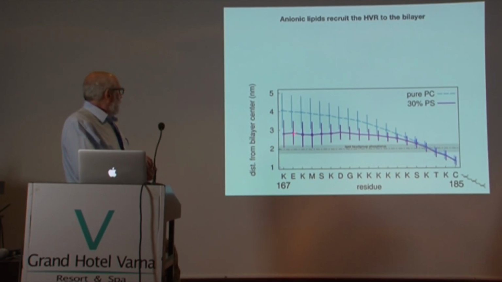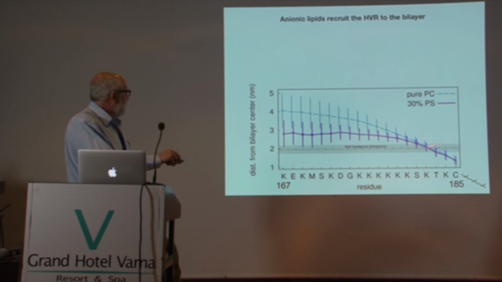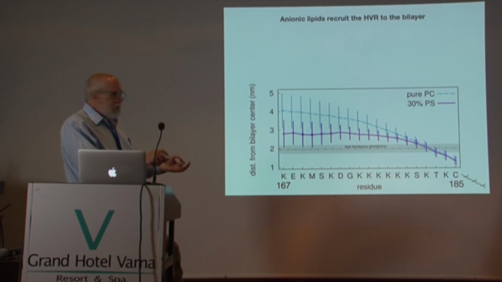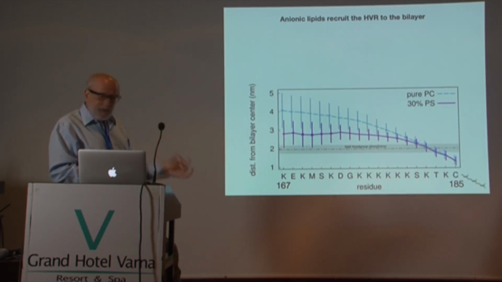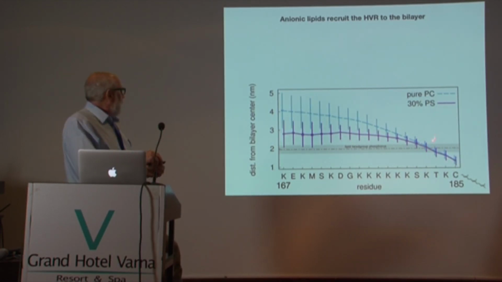And here you see that when the system is interacting with a negatively charged bilayer, it gets very close to the surface of the bilayer. Here is essentially the surface where the phosphorus head groups are, and this is the average distance of the C-alpha atoms in the peptide from that surface.